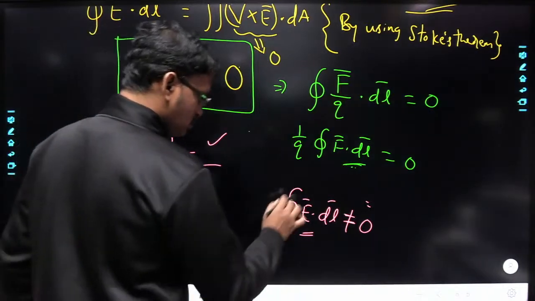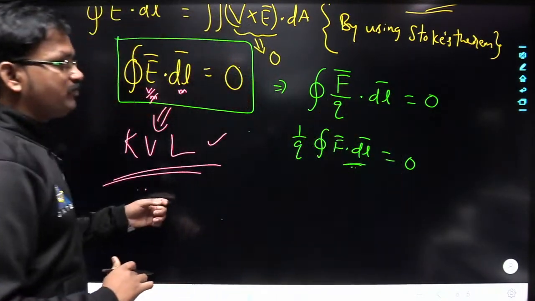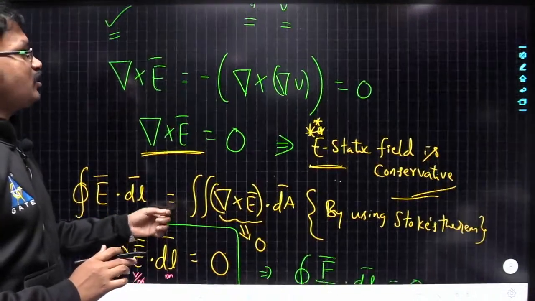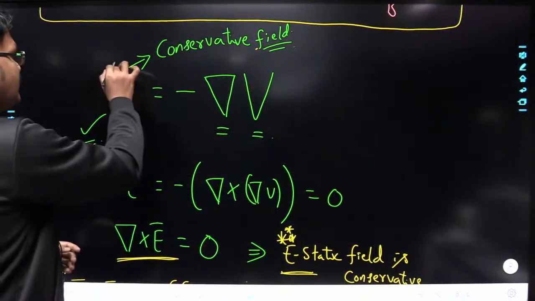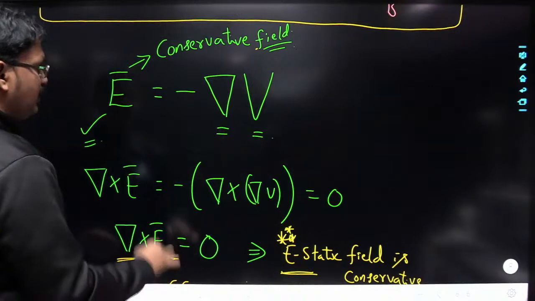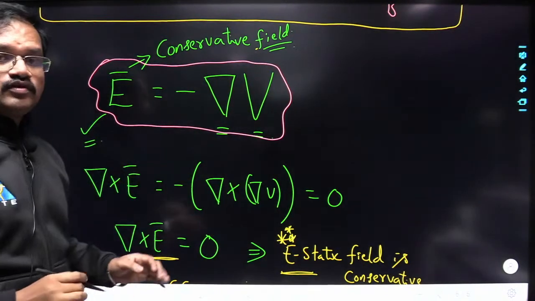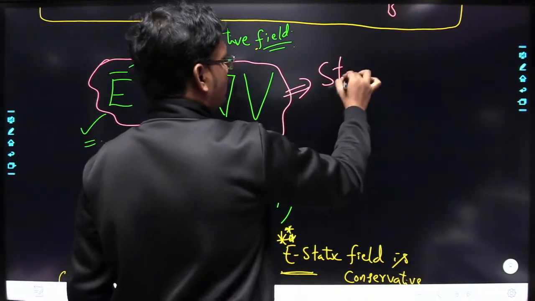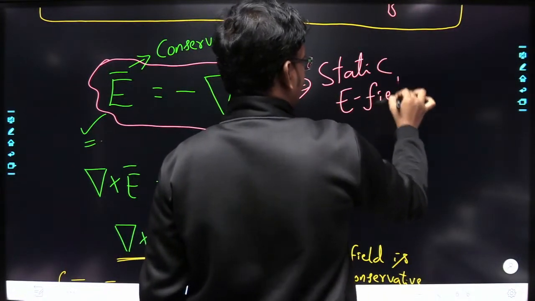Okay, so what does that mean here? If static electric field is conservative, and we know that a conservative field can be represented as gradient of V, then this relation between electric field and potential is also valid for only static electric field. Why?